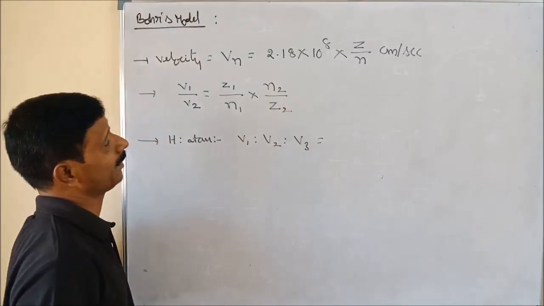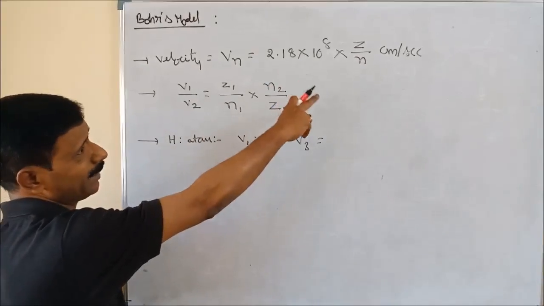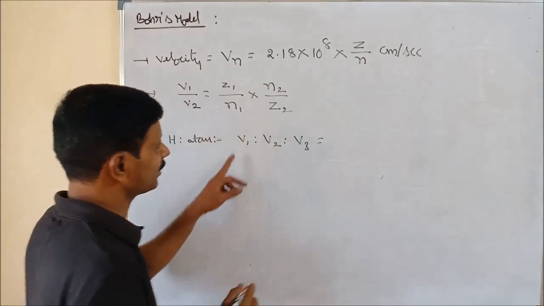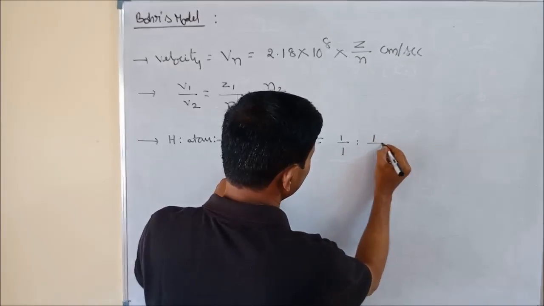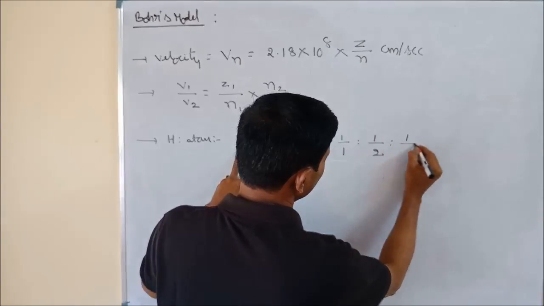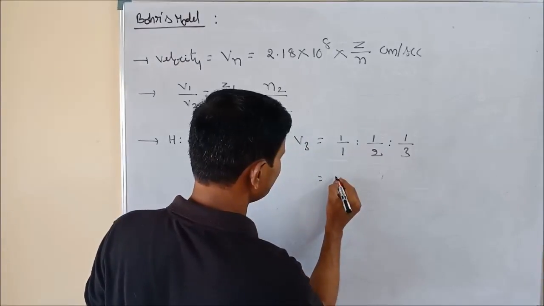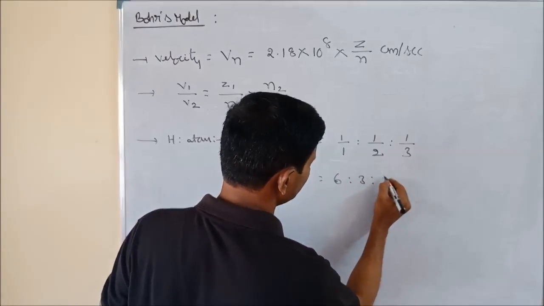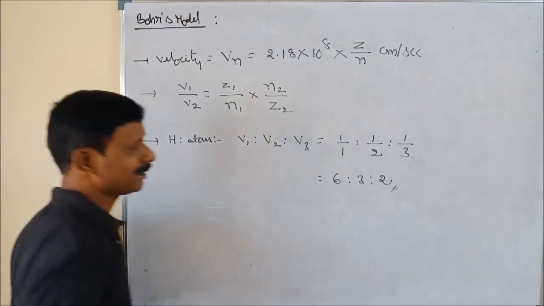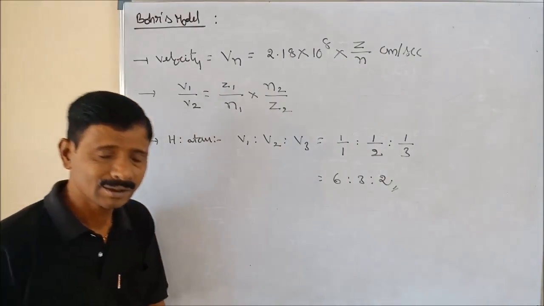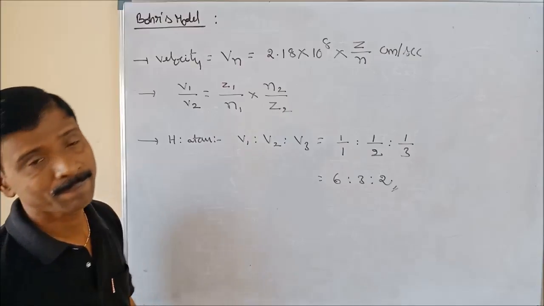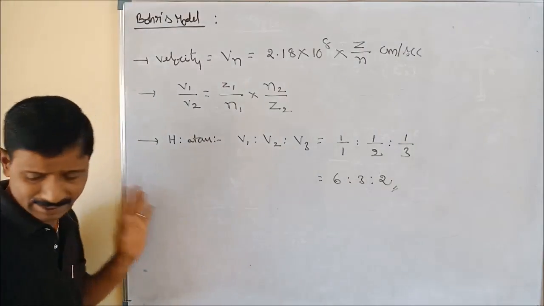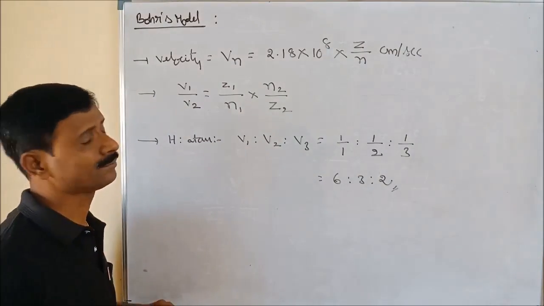Since here we have Z by n, for the first orbit 1 by 1, then 1 by 2 and 1 by 3, which is nothing but 6 is to 3 is to 2. So that is the ratio of velocity of the electron in the first three orbits of hydrogen atom. And that is enough regarding the velocity.